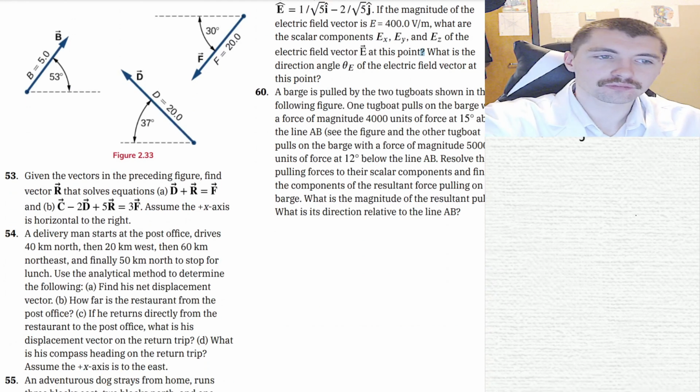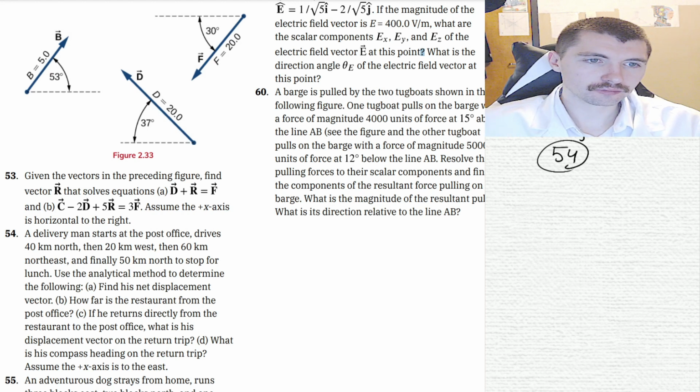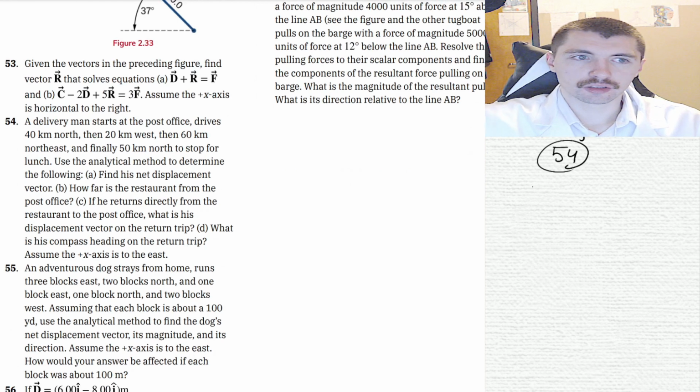Okay. 54. A delivery man starts at a post office, drives 40 north, 20 west. All right. So 40 north, so 40. Okay, so find its net displacement.